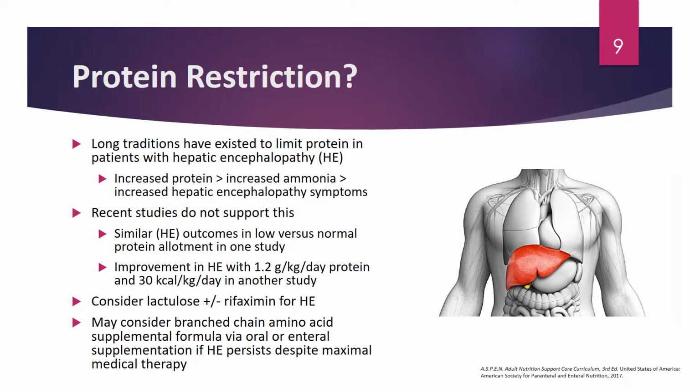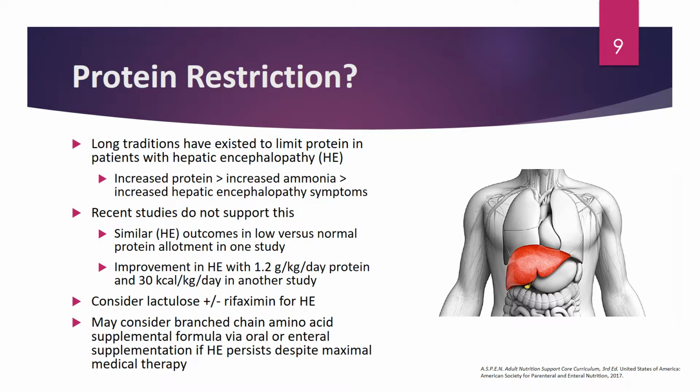And whenever you look at the outcomes of these studies, in terms of protein allotment, patients who got low versus normal protein allotment actually had similar outcomes in regards to their hepatic encephalopathy incidence in some cases.